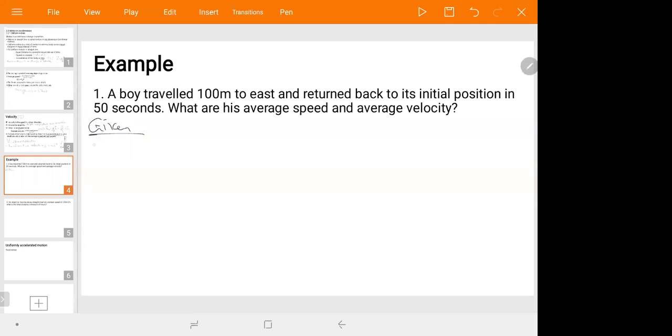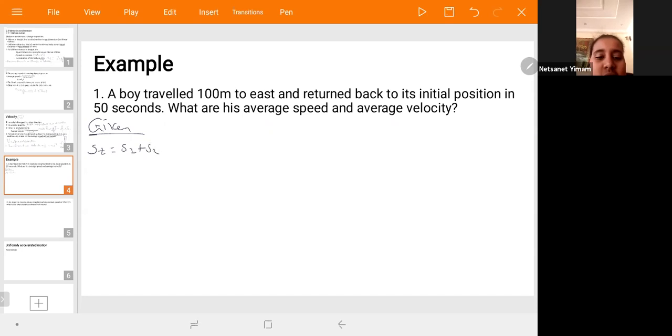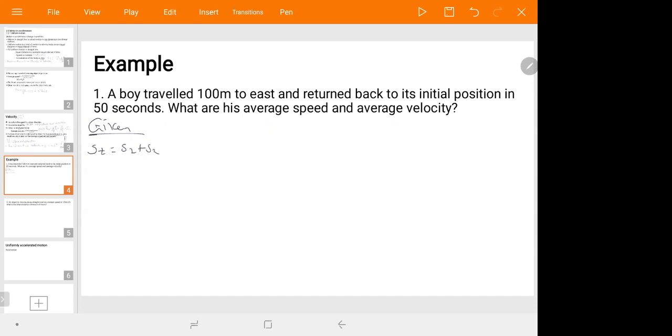What is your total distance from this one? 100 only. For example, look, take this position, 100 meters.